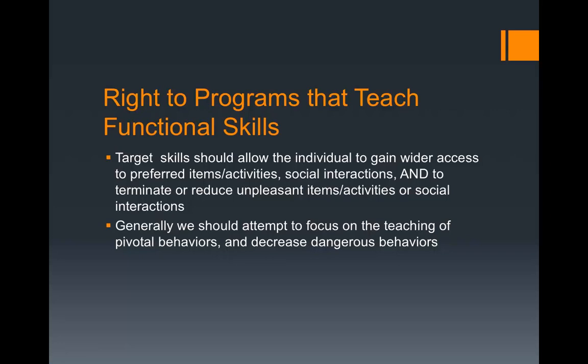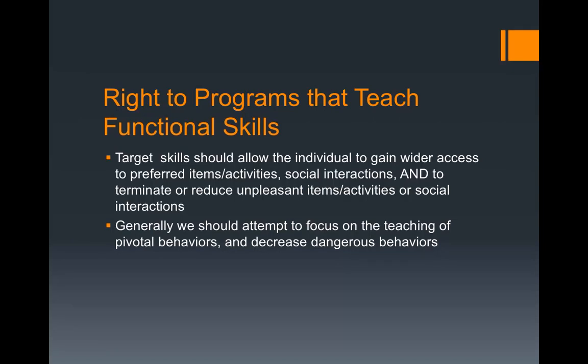Additionally, generally, we should attempt to focus on teaching pivotal behaviors, those behaviors that will lead to access to more things. So, for example, reading would be a pivotal behavior or skill if that's appropriate for that person, because that's going to open up opportunities for more reinforcers, for more things that a person can do.